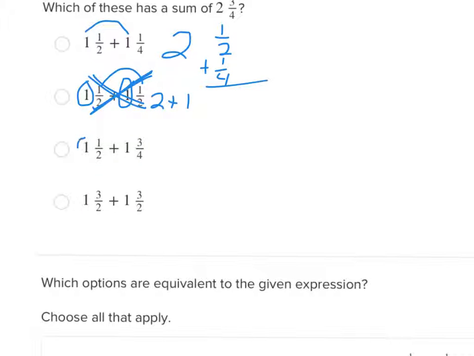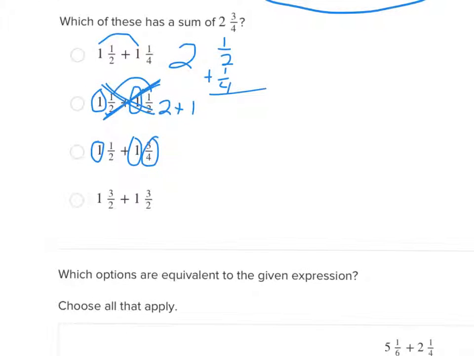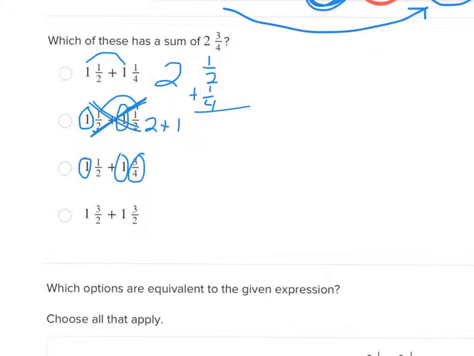Well, look at this. 1 plus 1 is 2. Plus 3/4 is already 2 3/4, which is what we're supposed to be equaling all together. And then we have to still add on another half, so no, it's not that one. That's too big. 1 and, let's look at this last one. 1 and 3/2.